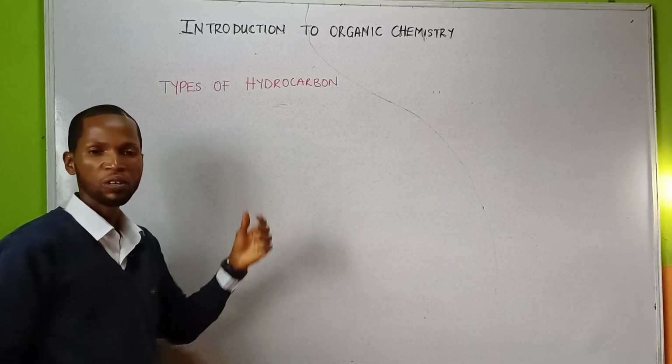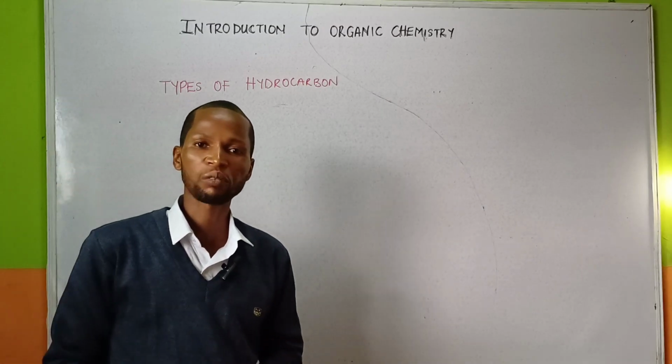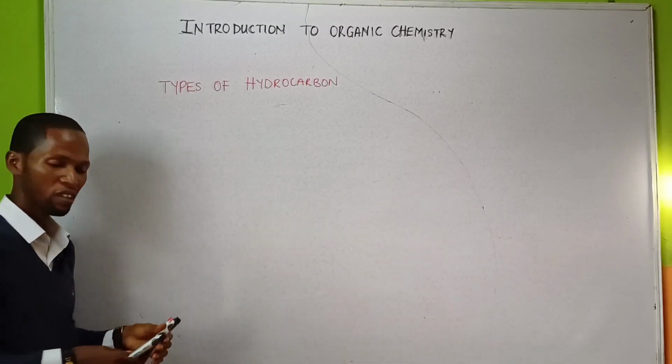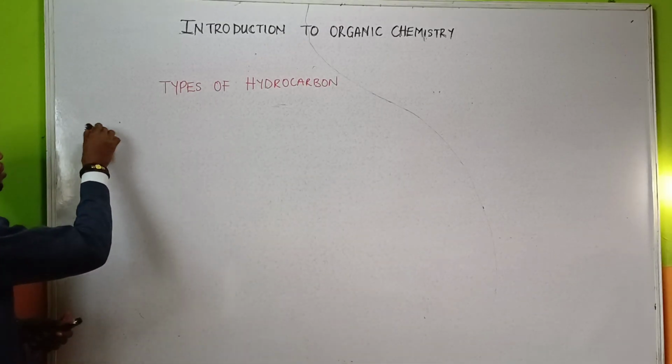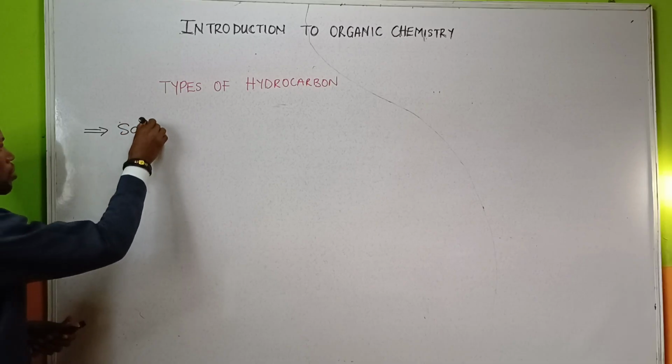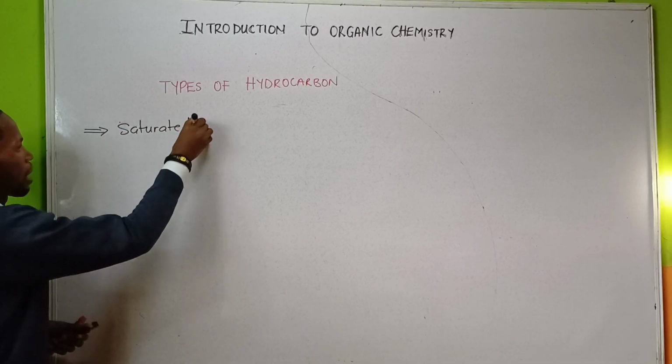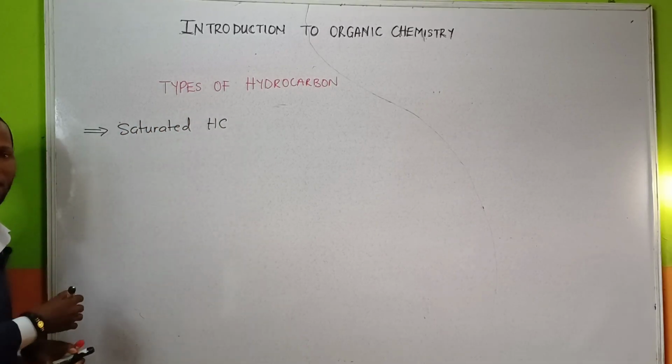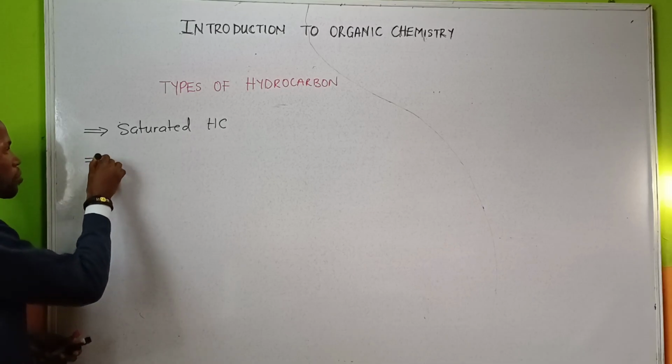Types of hydrocarbon. There are 2 basic types of hydrocarbon. We have the saturated hydrocarbon, and the second one is the unsaturated hydrocarbon.